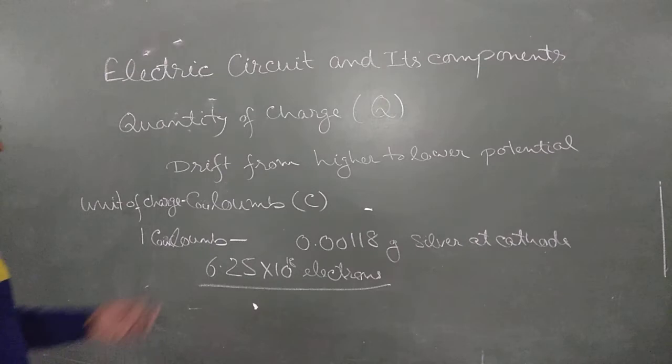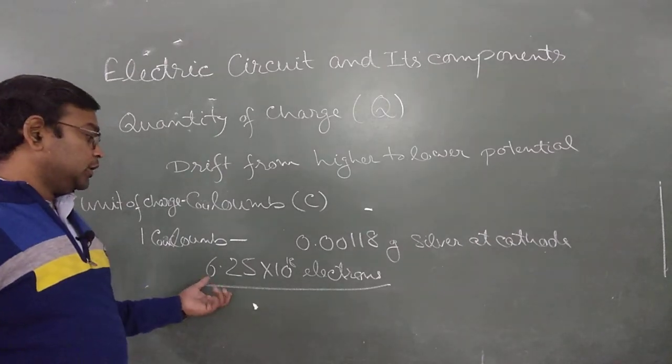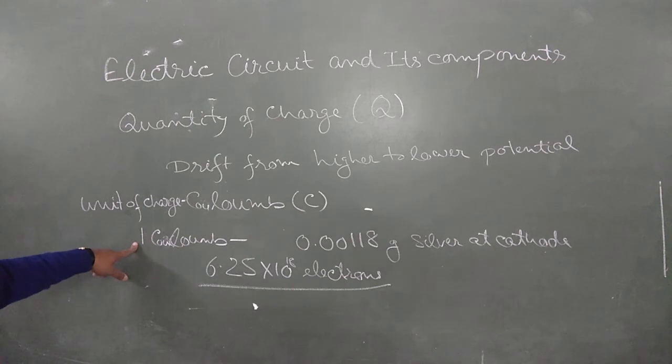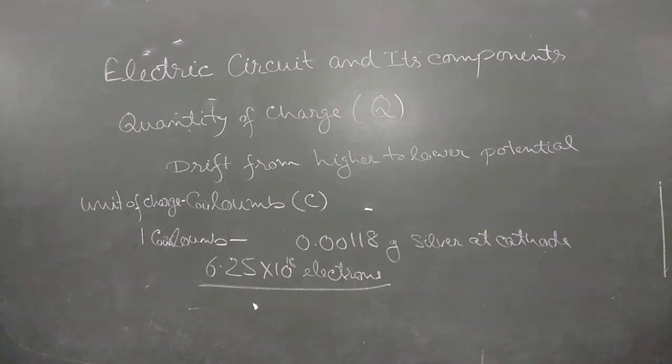So this number of electrons produces 1 coulomb charge. From this we can easily find out the charge of 1 electron. How do we find it? Let's see.